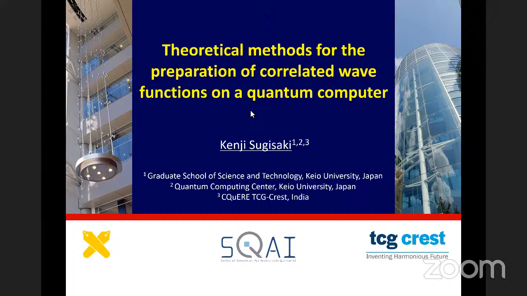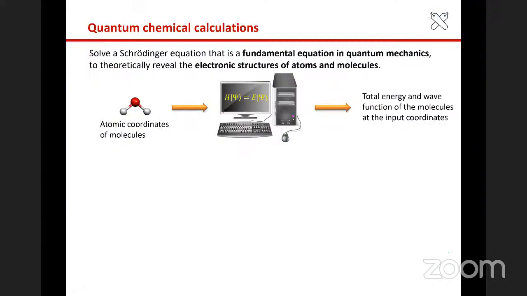But let me start with the same slide as the previous talk. So basically, in fundamental calculations, we solve the Schrodinger equation, which is a fundamental equation, to theoretically reveal the electronic structure of a molecule. So we usually use the Born-Oppenheimer approximation, in which the atomic coordinates are fixed.